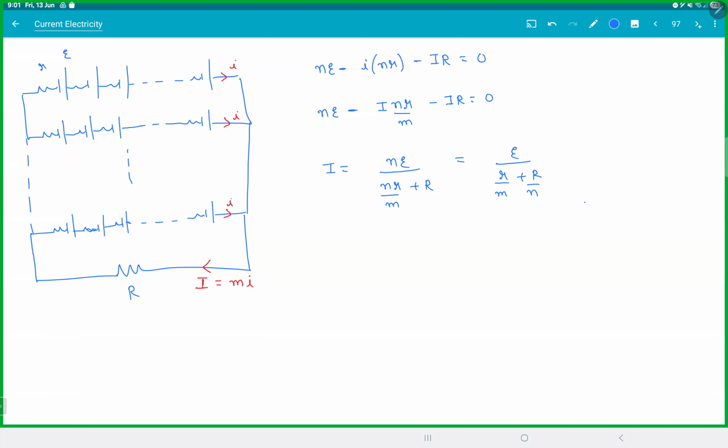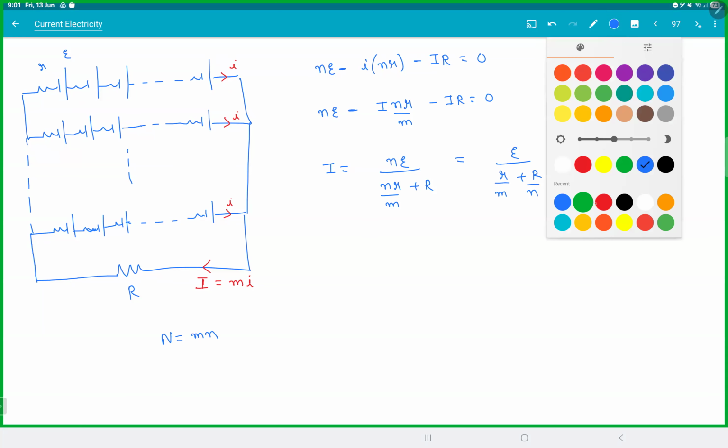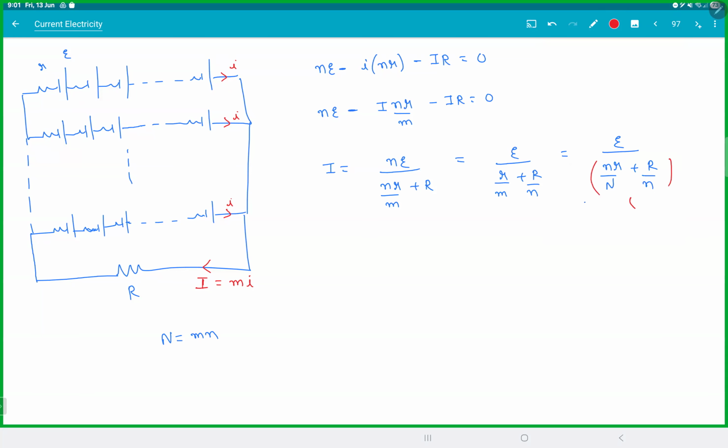And we also know capital N is equal to m into n. So let's replace small m. If you replace, you will end up with nr by capital N plus R by n. There I got the whole function in terms of small n. So to get maximum current, we need to minimize the denominator, which means we have to use maxima-minima.